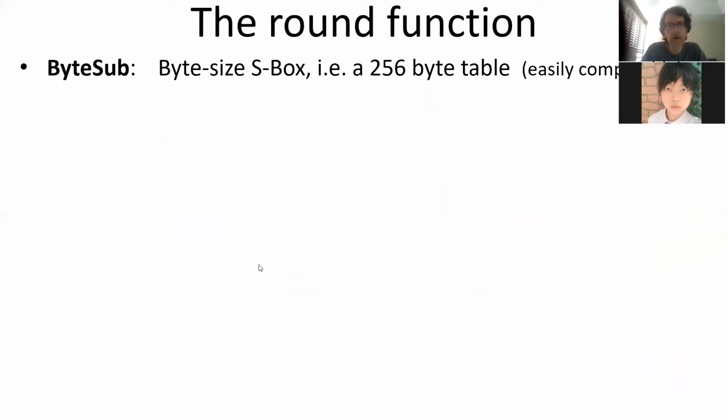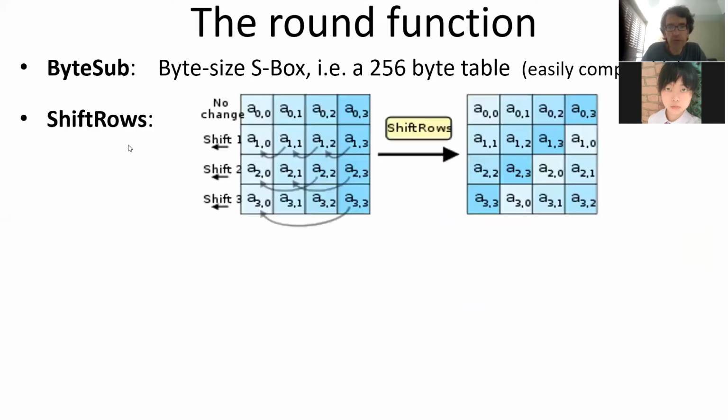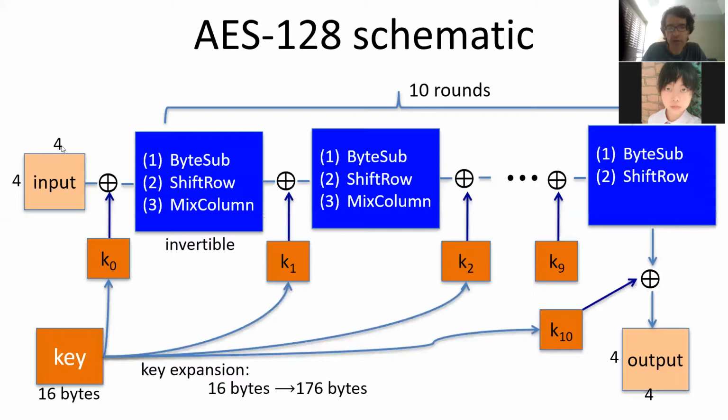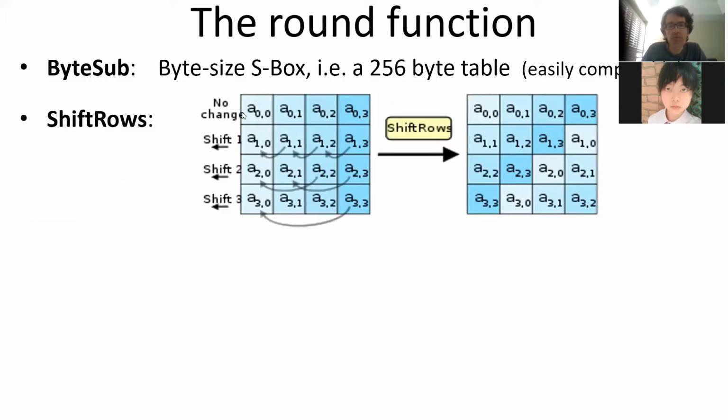And here is the zoom on the byte substitutions. Again, the inputs are a 4 by 4 table of bytes, and the byte substitution is like a byte-sized S-box. It takes 8 bits and outputs 8 bits. It's just a lookup table.